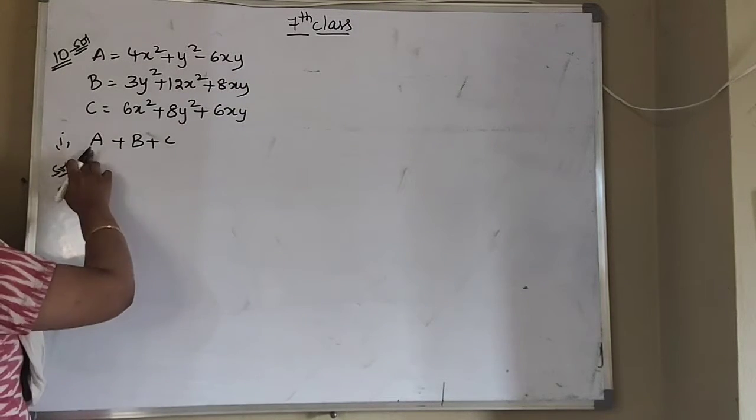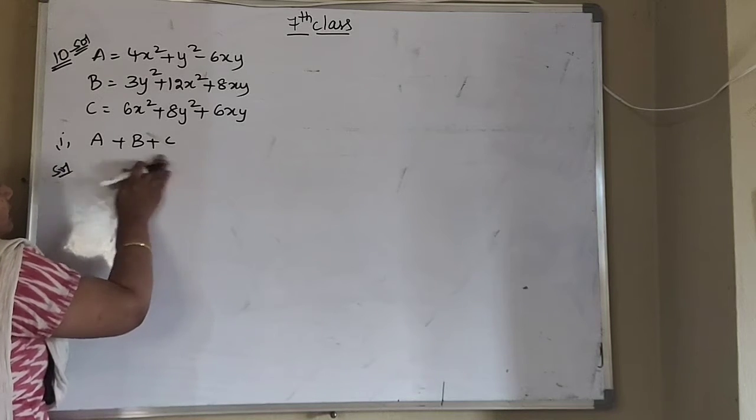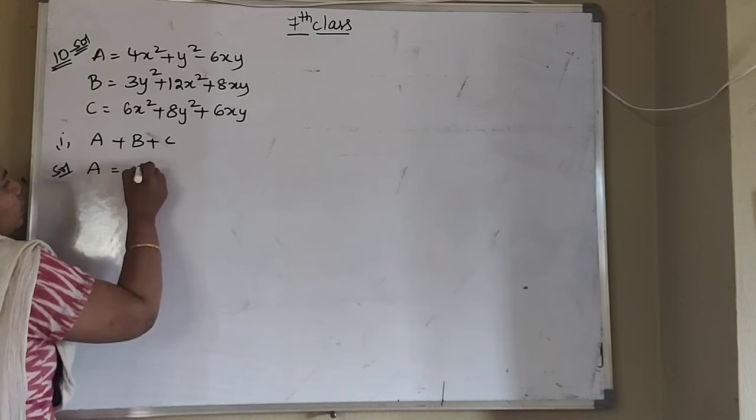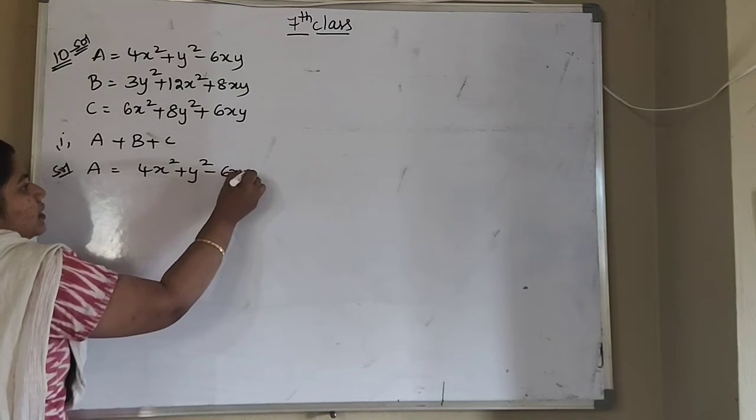So what is the A value? A is equal to 4x square plus y square minus 6xy.